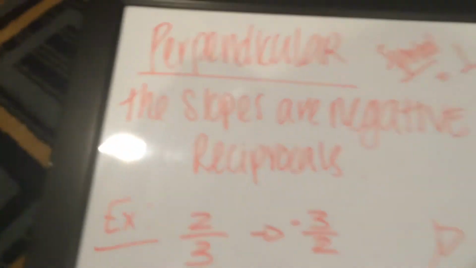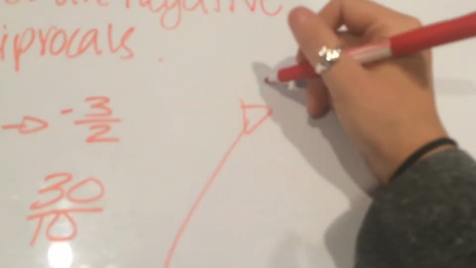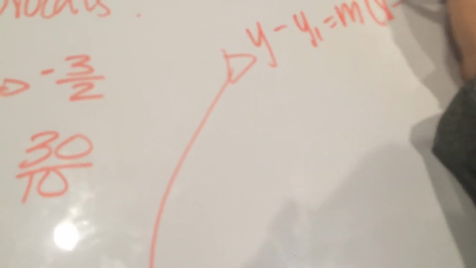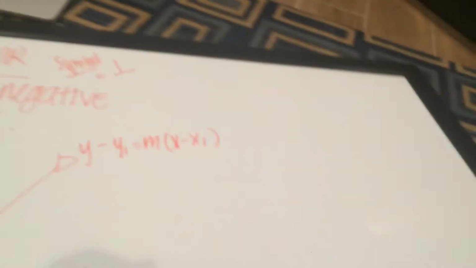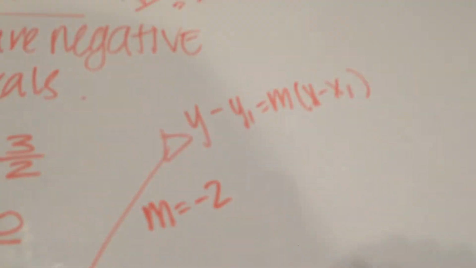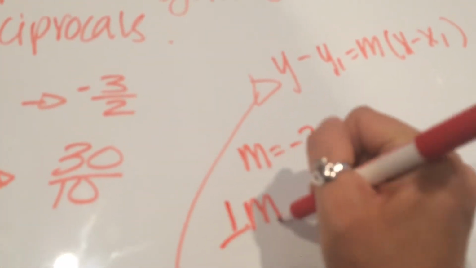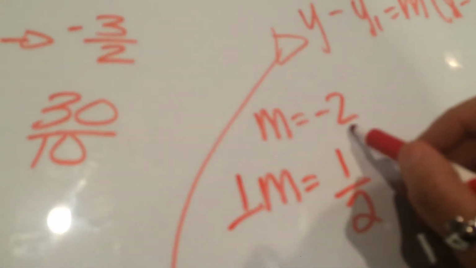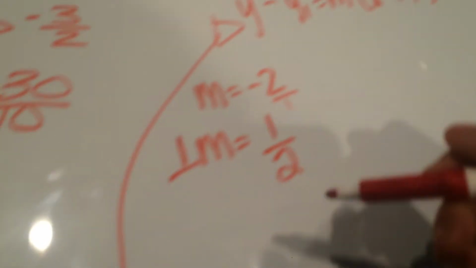Here, we're gonna do the equation 2 ways again. First way, just because it's easy, y - y1 = m(x - x1). I keep losing you guys. So here, my original slope is -2. Now if I want to make it a perpendicular slope, it's going to be 1/2. Now remember, that's over 1, so when I flip it, there's 1/2.